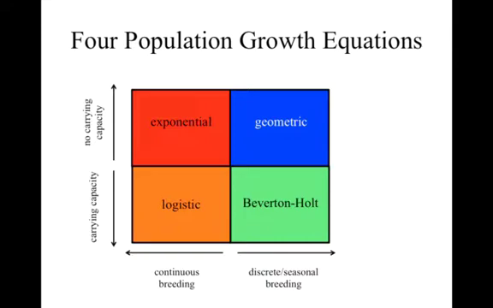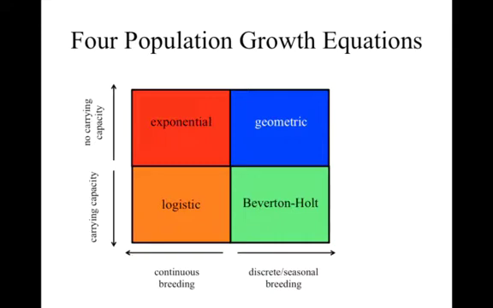So again, if you have a system where you have continuous breeding and no carrying capacity, then you are in the primary colors and warm colors, and so it's exponential growth. If you have a system where there is discrete breeding and no carrying capacity, you are in the primary colors and cool colors, so blue, geometric growth.